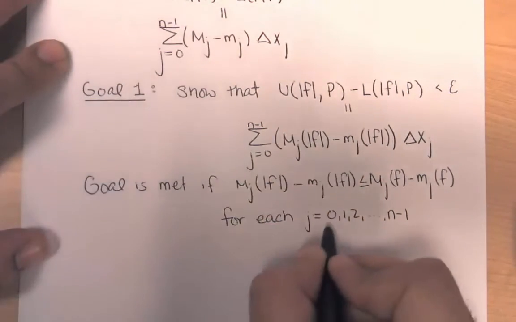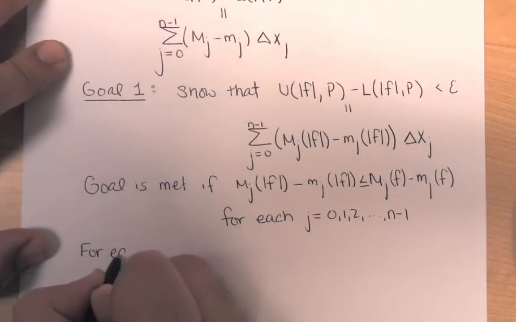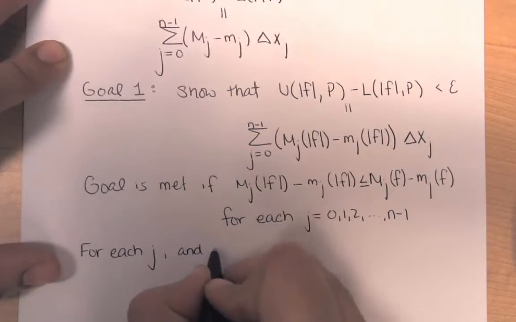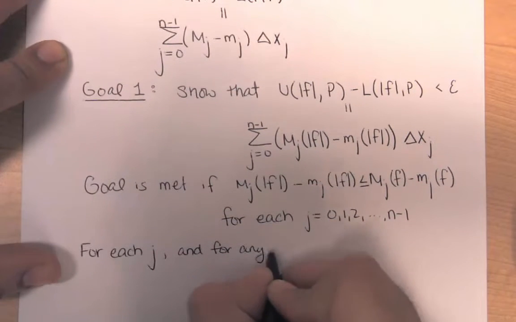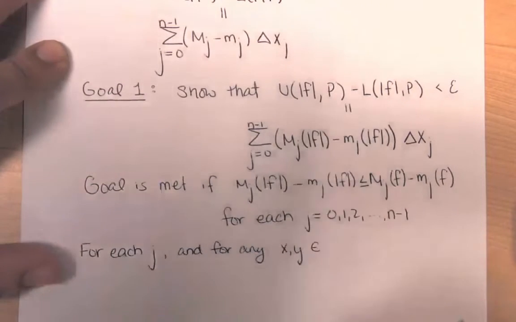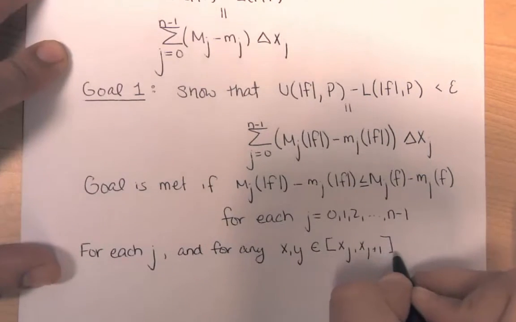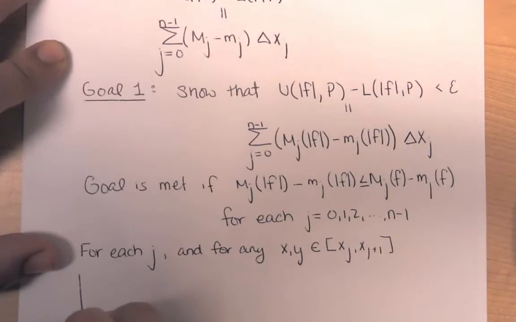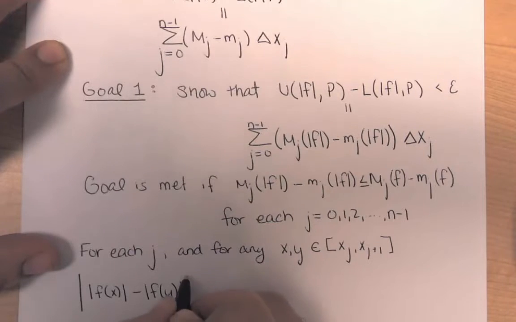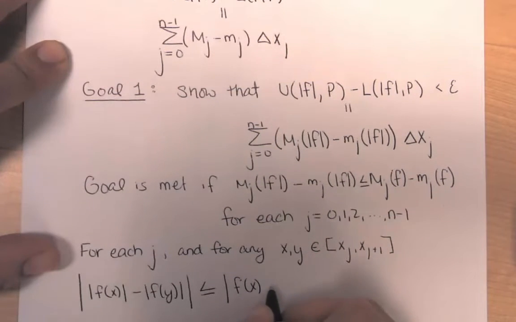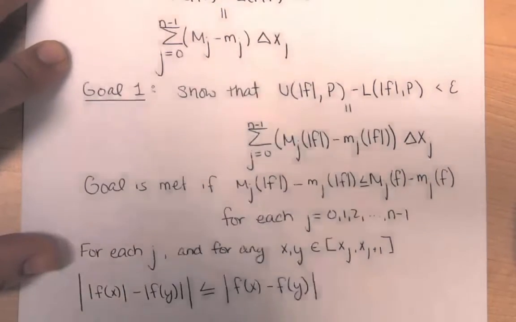Again, for each j, and for any x and y in my subinterval, the absolute value of the difference of the absolute values is less than or equal to the absolute value of the difference of just plain f without absolute values around it.